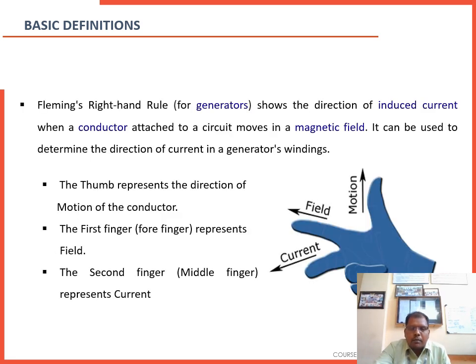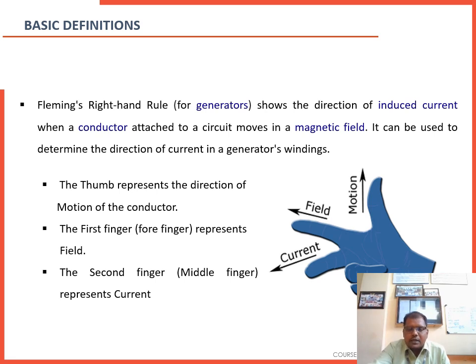Coming to Fleming's right-hand rule, it is used to determine the direction of induced EMF or direction of current in the generator.